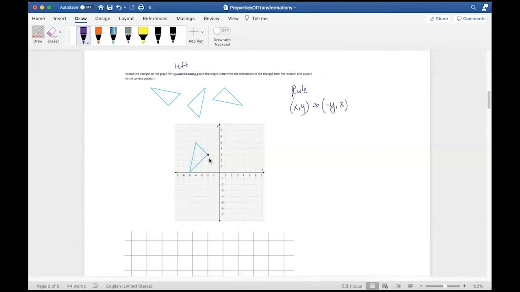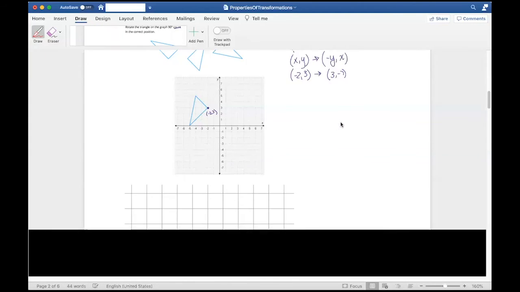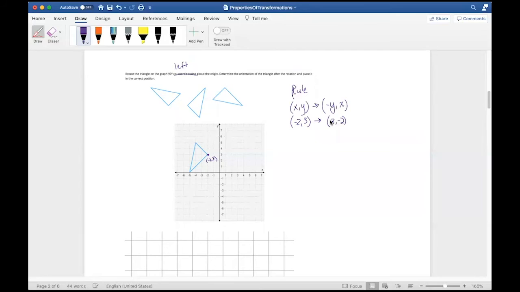So like, let's say if I start with this point here, that is (-2, 3). Whoops, hang on. So I have (-2, 3). So the x and y are going to flip. So it'd be (3, -2), and the y is going to become the opposite.